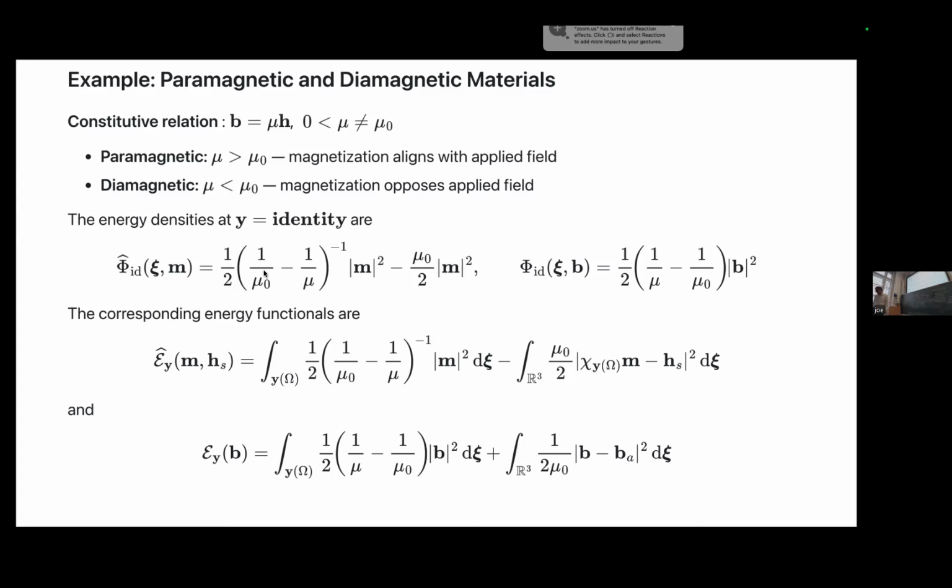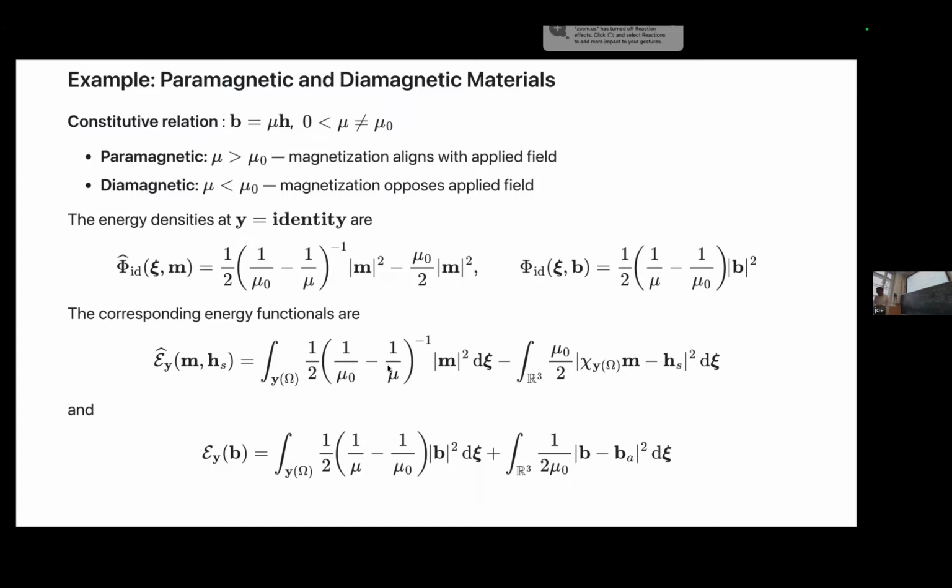So you can see that in the paramagnetic case, this quantity is smaller than this one, and so this quantity here is positive. But in the diamagnetic case, this is not, and in particular, the magnetic energy is concave.